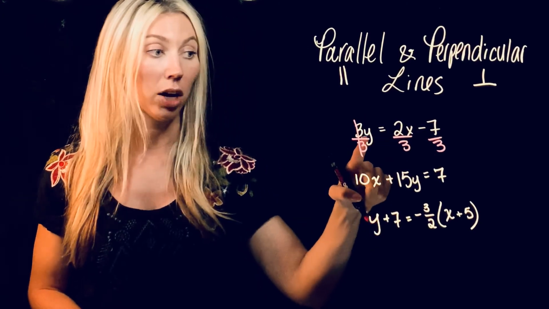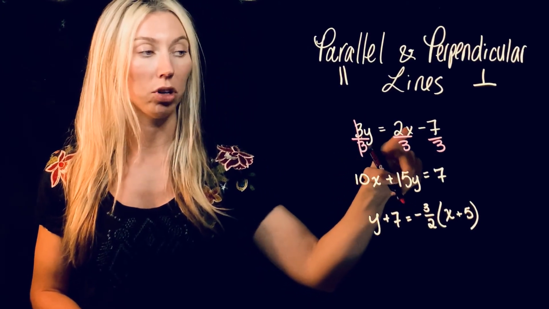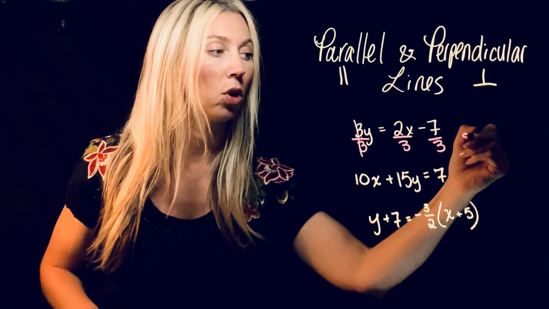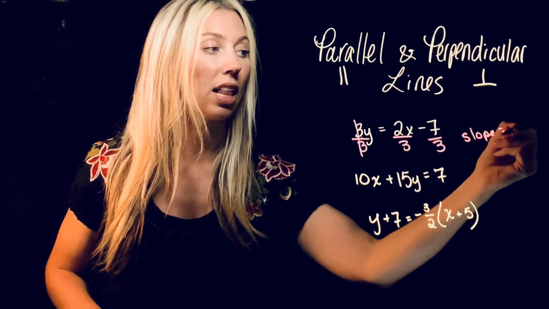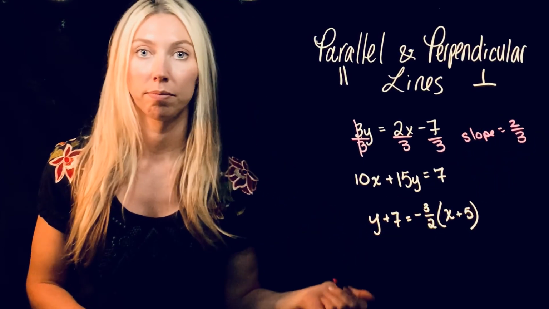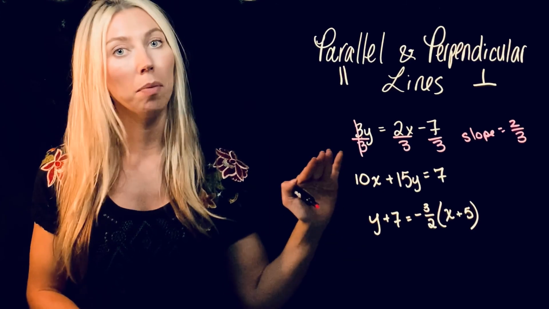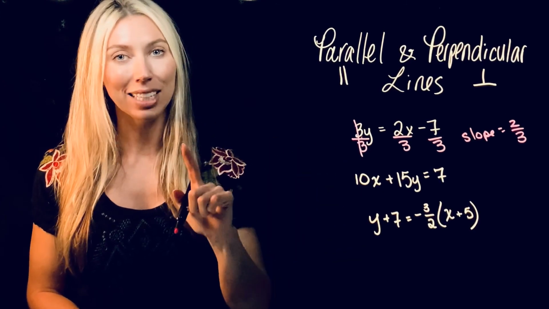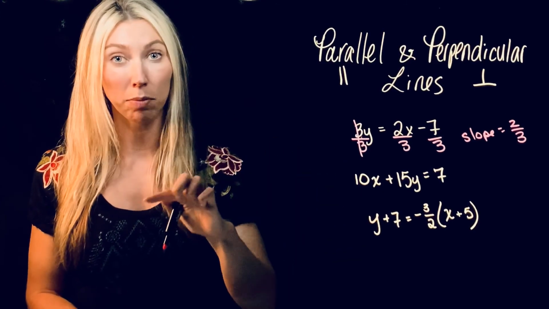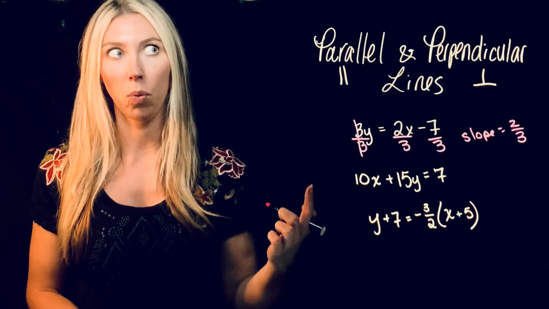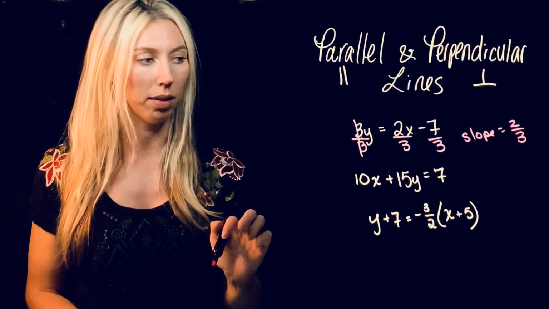And so I get that my equation is y equals 2/3 x minus 7 over 3. So we know that the slope of this line is 2 over 3. And we only care about the slope unless we end up getting two lines that have the same slope, then we have to check whether they're actually the same line or not.